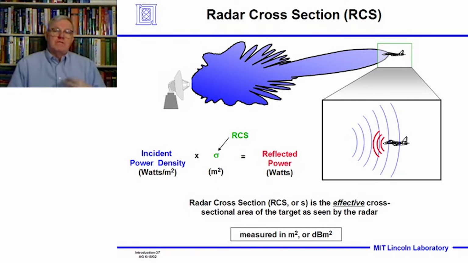But at microwave frequencies, the effective area can be sometimes bigger or smaller than the physical size of the target. Okay? We all know that people have made airplanes that are physically quite large, that appear to be an awful lot smaller than the physical size of that target. You know? And so we're going to talk a little bit about that, and generally about radar cross-section.